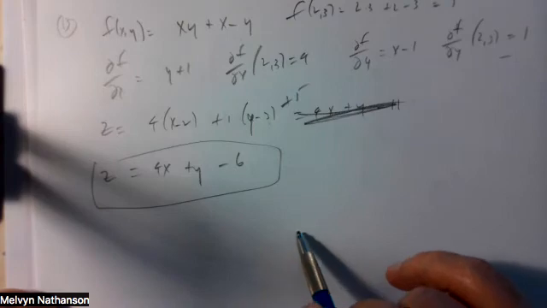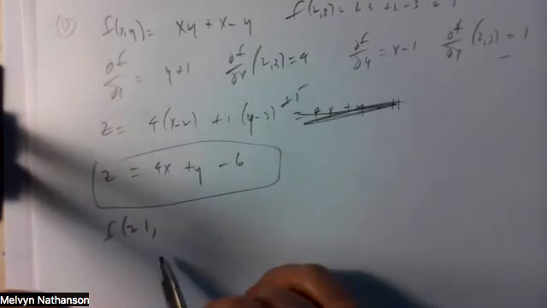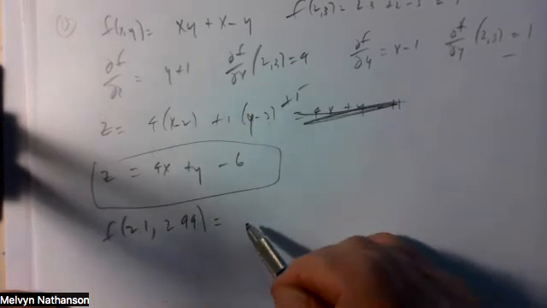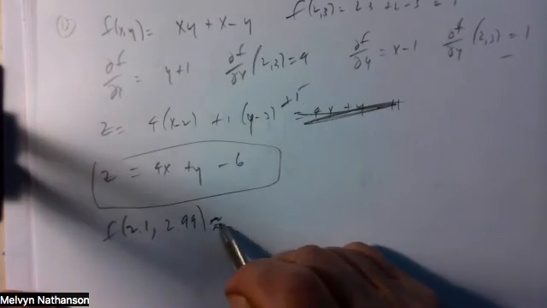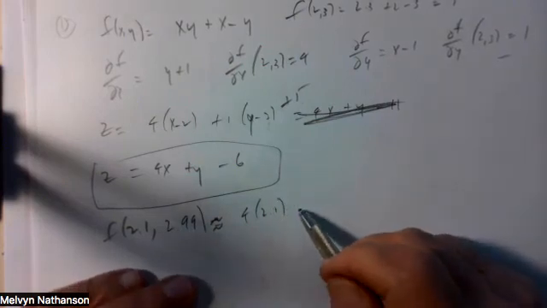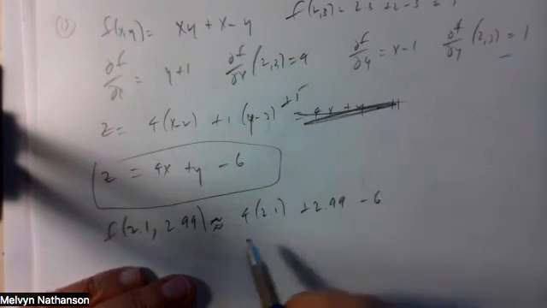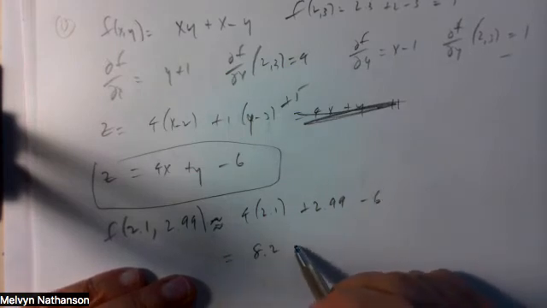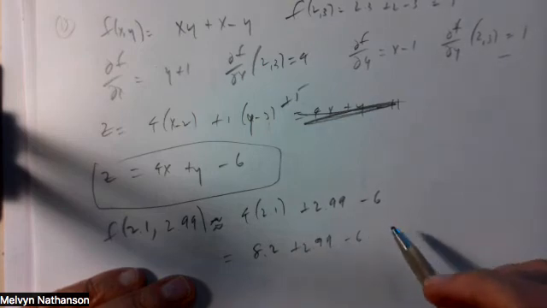And we want to use this to estimate f at (2.1, 2.99). So the value of the function at this point is approximately 4 times 2.1 plus 2.99 minus 6. This is 8.2 plus 2.99 minus 6.